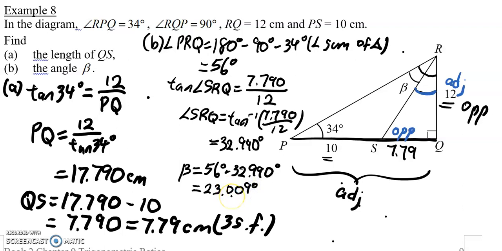So when I actually round it off, this will give me 23.0 degrees. Take note, this is in 1 decimal place because it is an angle and it is not exact, so we round off to 1 decimal place. So that's it for this question.